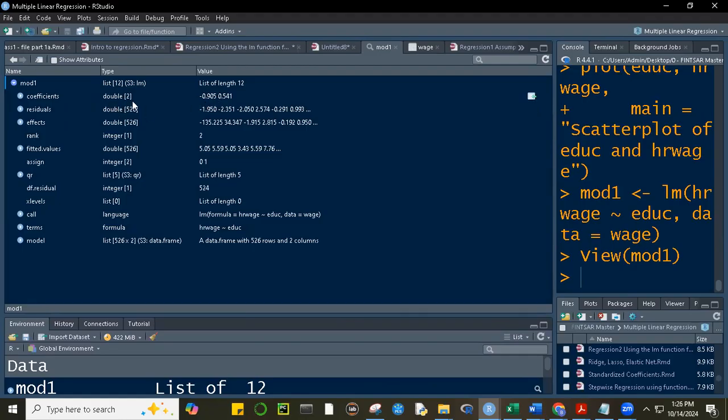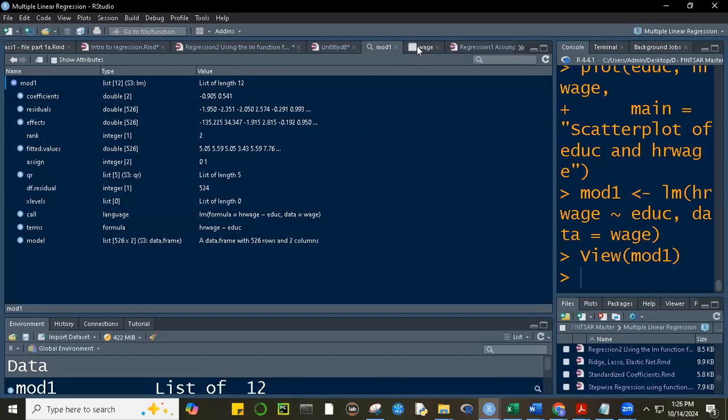Then the residuals, with 526 observations all in all. Effects, then, as to what these are, we'll discuss as we go along. Then rank, and the fitted values, 526 also. These are the predicted values. So the actual values minus your fitted values, that's your residuals. The fitted is your predicted.